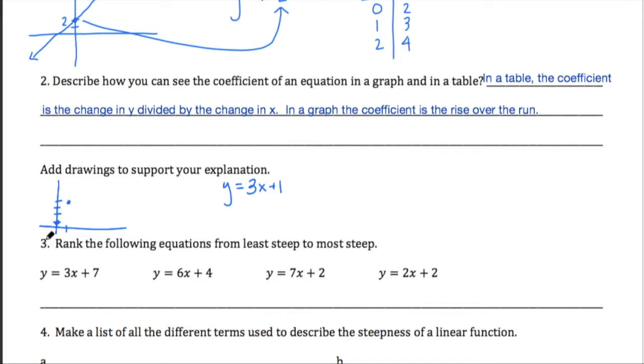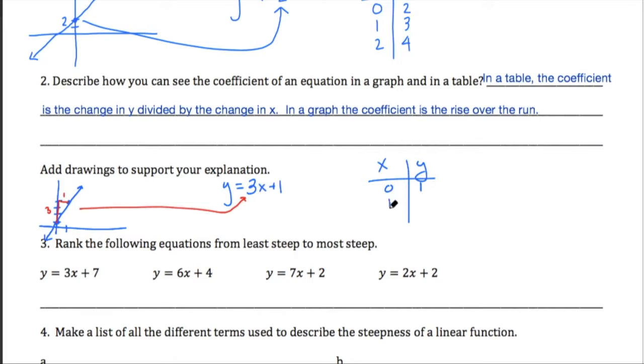So these 2 points would be on the equation for this. So let me just point this out with some red here. So we're going up 3 over 1. That 3 over 1 is our coefficient. If we're in a table, okay, so we can start with 0 and 1 on their table.